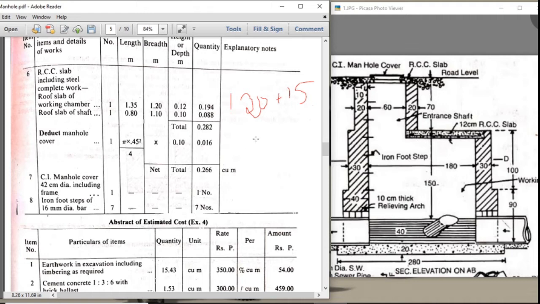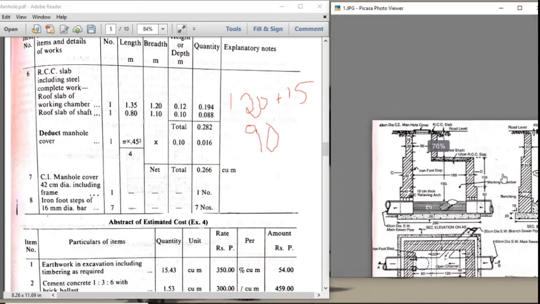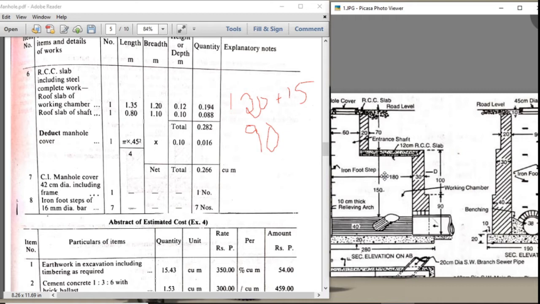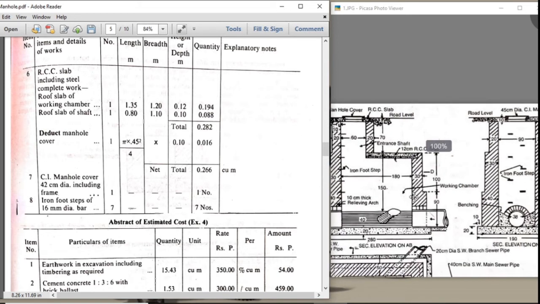For breadth, what is the breadth? So 90. Okay, what is this 90? This one 90 plus 30. This is 120 plus 15 centimeter, and for breadth it is 90 plus 30 centimeter. There will be two short walls, right?